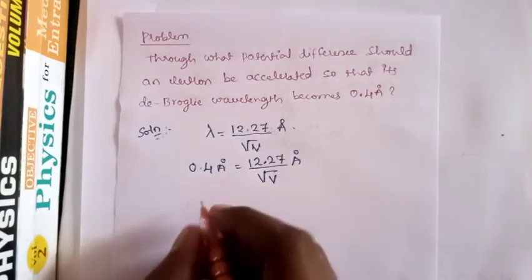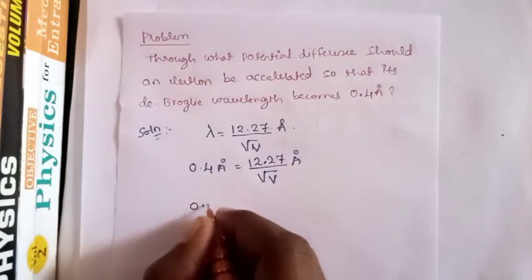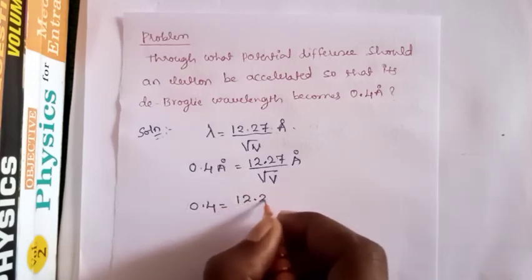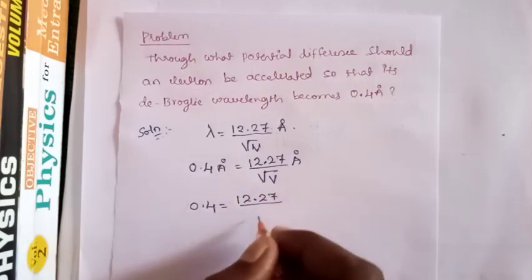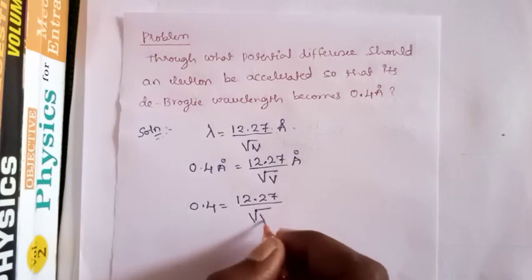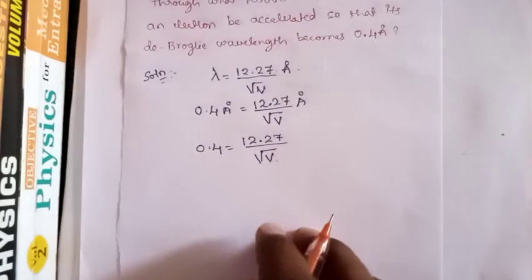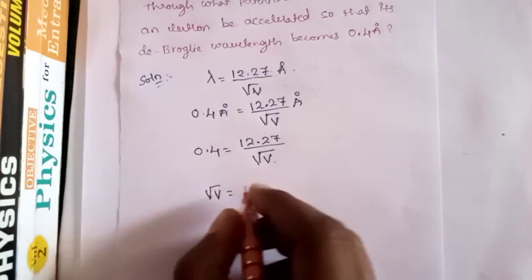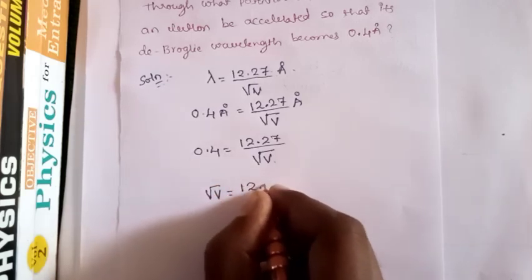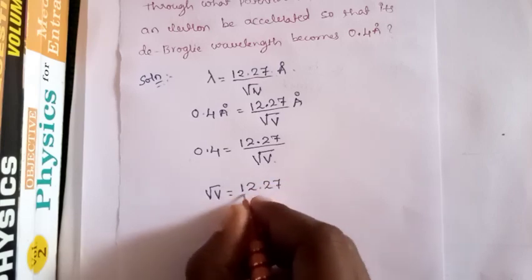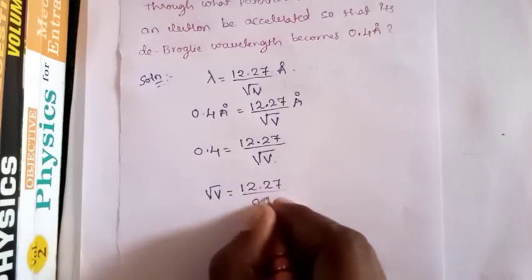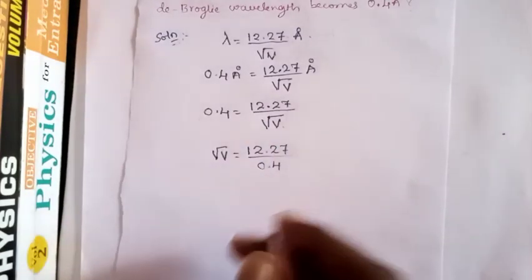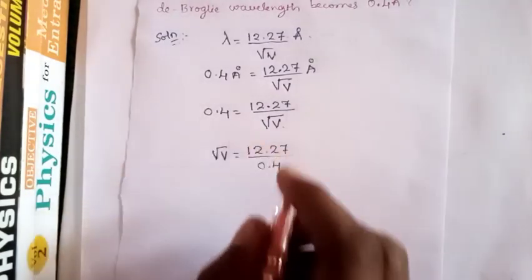Both get cancelled. That is 0.4 is equal to 12.27 divided by square root of V. But our aim is to find V, the potential difference. That is, square root of V is equal to 12.27 divided by 0.4. Then squaring on both sides because we require V, the square root gets cancelled.